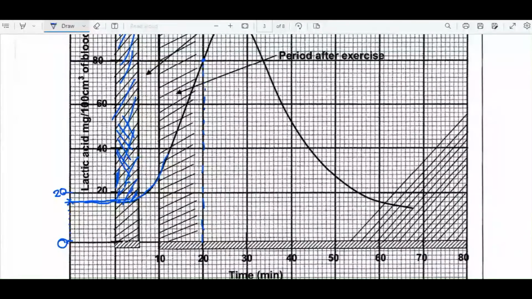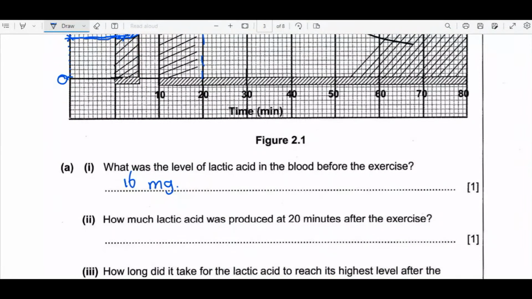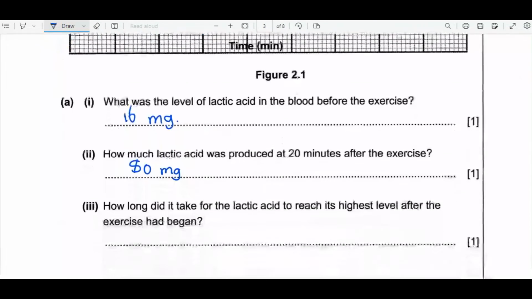After we touch this point, we are going to turn 90 degrees to the left. The number at which we reach the y-axis is our final answer, which is 80 milligrams. For this question, you just have to use the graph given.